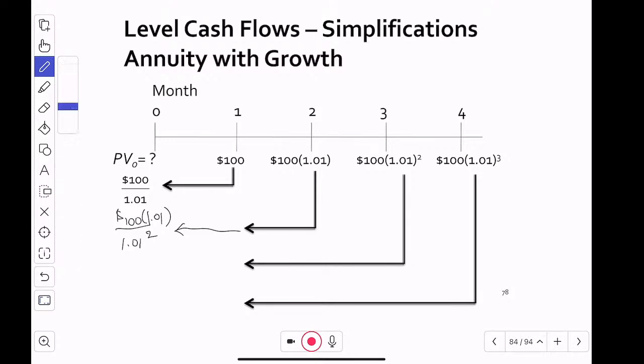So I can simplify that because one of the 2 discount factors cancels with the one growth factor. And what does it give you?